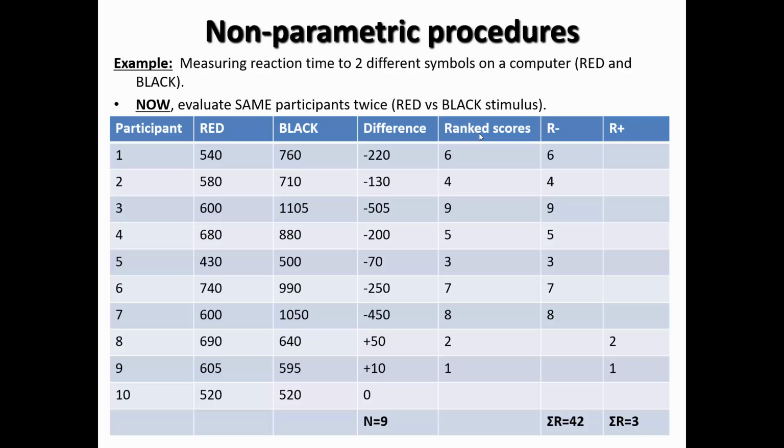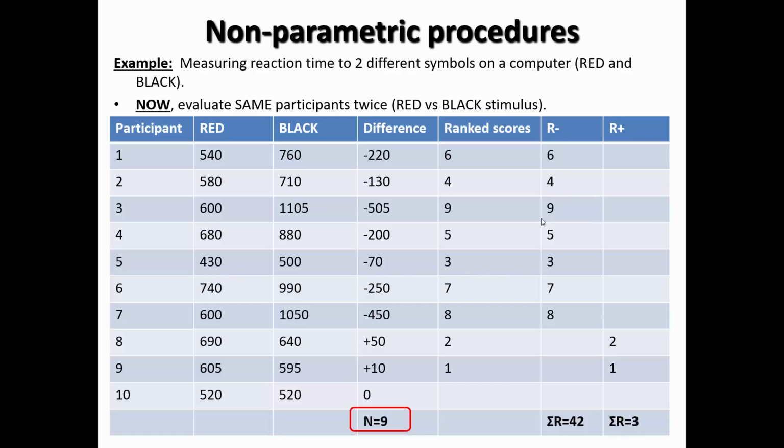So in calculating the ranked scores, we ignore the positive and negative, and then we go back to whether it's positive or negative in terms of moving those scores over to these two columns. So we saw two positive difference scores, and these two scores happen to rank number 1 and 2, and we move those over into the positive column, and the rest were negative, and we just transfer those numbers over to the negative column.